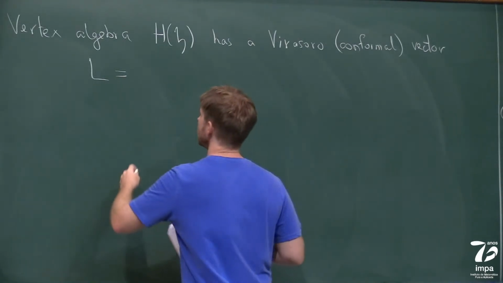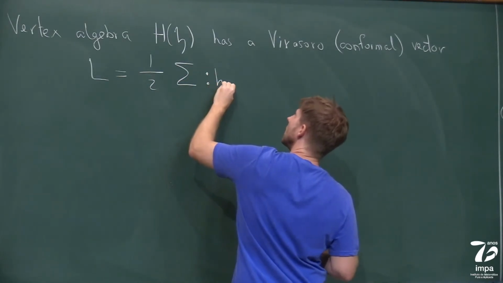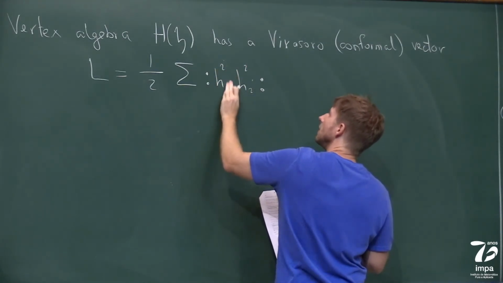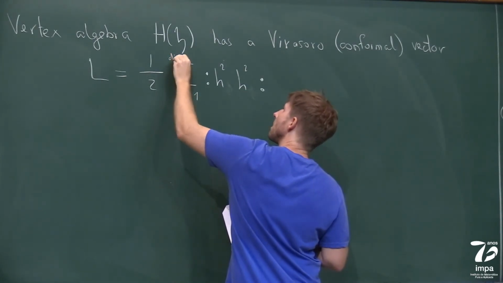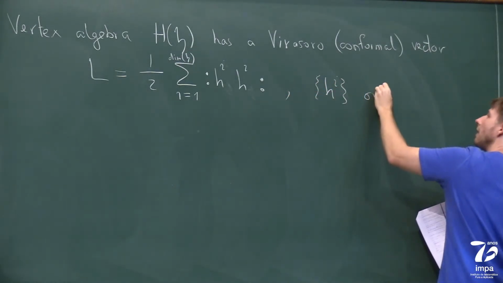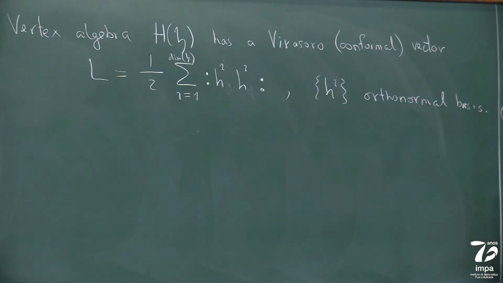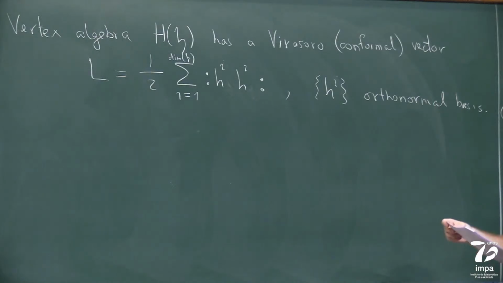So in this more general case, what we should do is take an orthonormal basis for our space H, and take the sum of these like this, take the normally ordered product, and the result is a Virasoro vector.